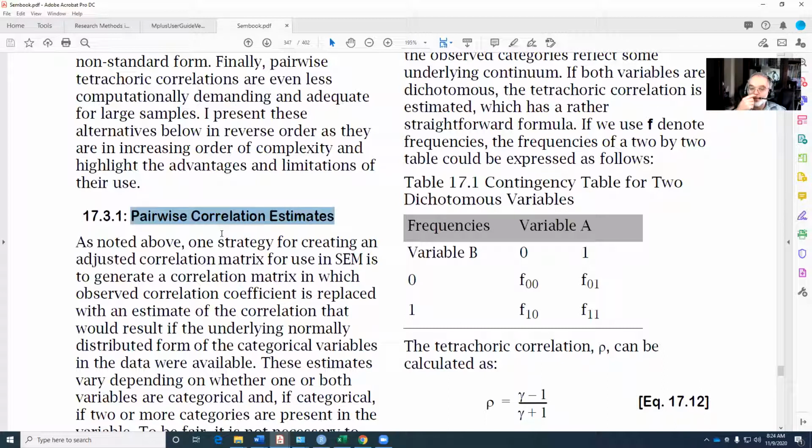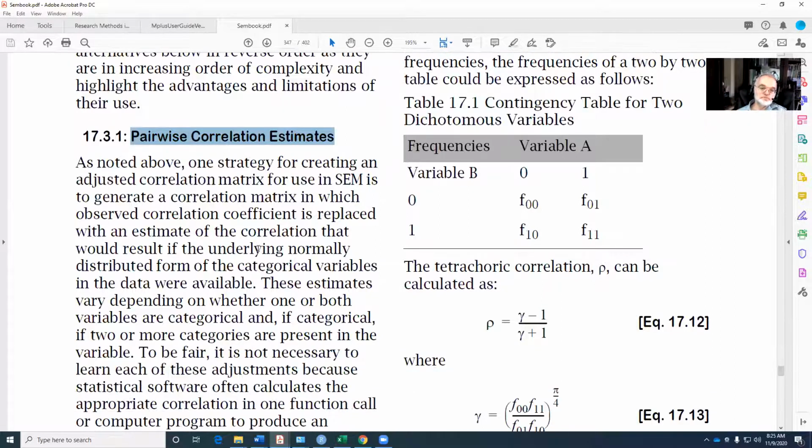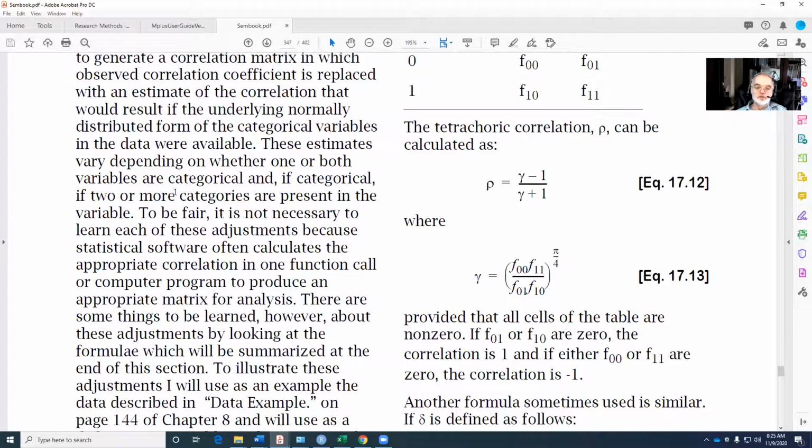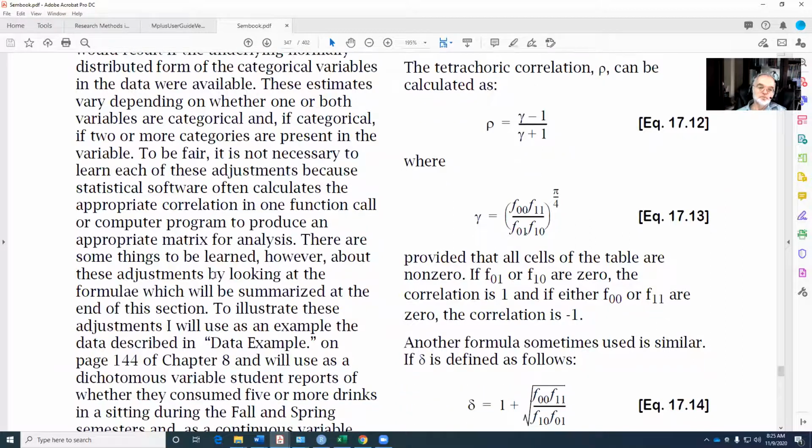So what they'll do is take the proportions of zeros and ones on each of two categorical variables and use the threshold cutoffs on those normal distributions to get an estimate of what the correlation coefficient must be between those two categorical variables. And it's straightforward, and the software does that for you.